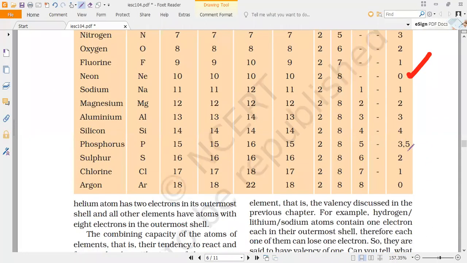But if it comes to phosphorus, have you noticed the valency? What are they saying? It is 3, 5.